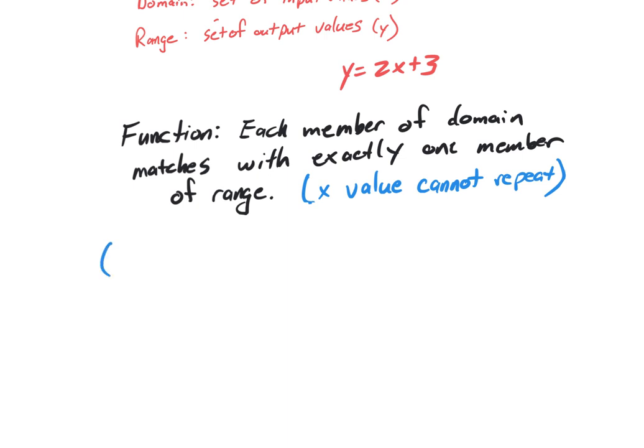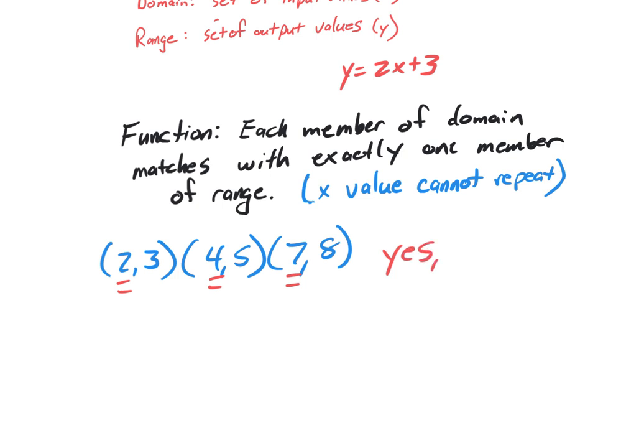So if I had a list of the only values that I care about, those values right there, in this case, all three of the x values are different, so we would say, yes, this is a function. All the x values are assigned to one different y value.